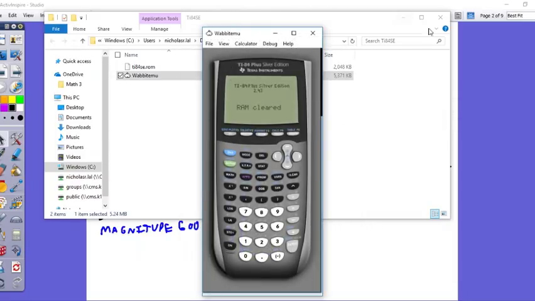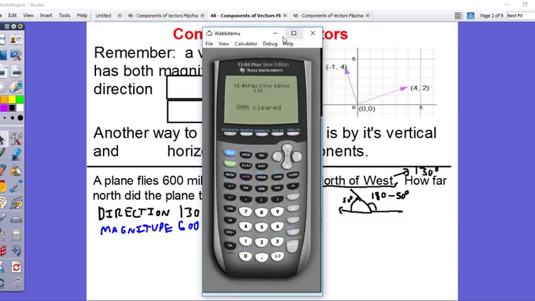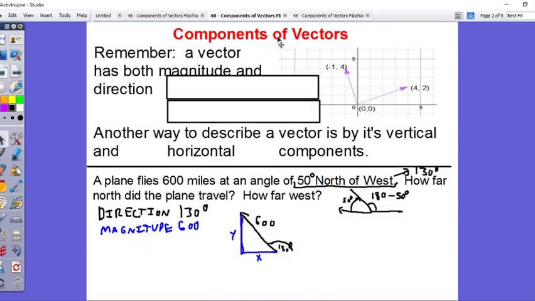All right. So now that I have a calculator up, I know that if our angle is 130, the cosine of 130 is equal to adjacent over hypotenuse.